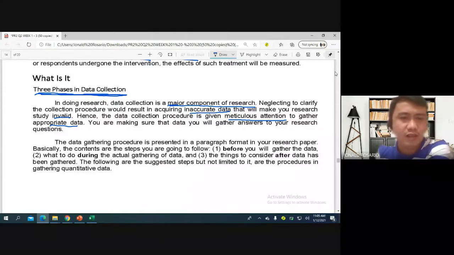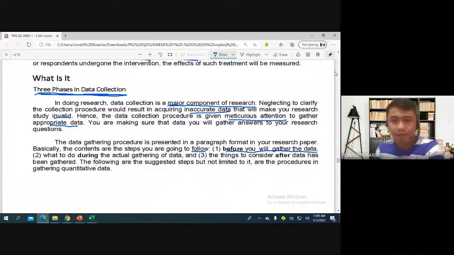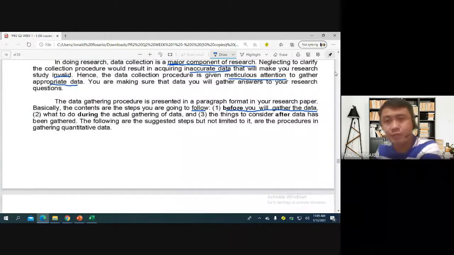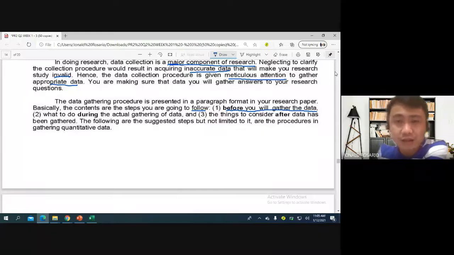Ano ba yung mga data gathering procedures? Ano ba yung mga tatlong steps na kailangan nating sundin? Number one, ito yung mga kailangan nating ilagay before you will gather the data. Before gathering the data, kung pupunta ka sa isang school, of course, kailangan mong mag-seek ng permission.